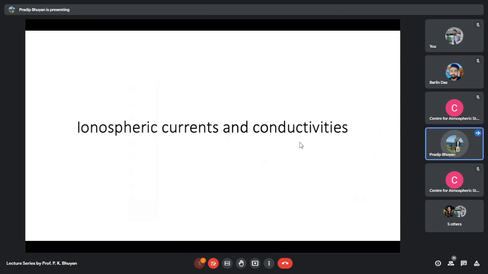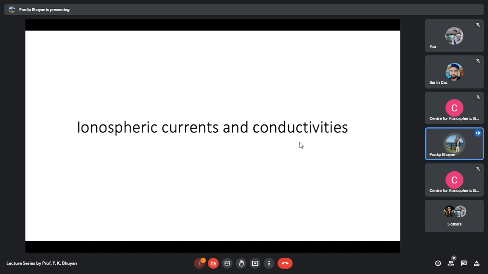Okay, so I'm going to look into the processes which control the low latitude ionosphere.